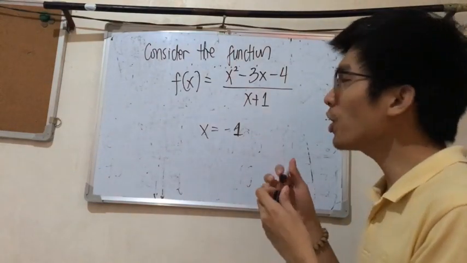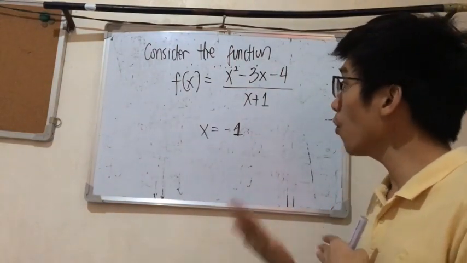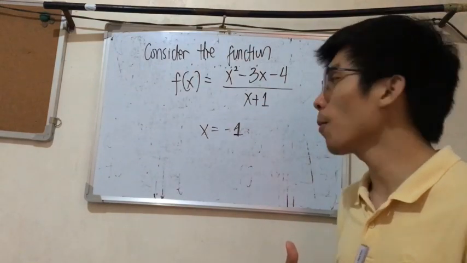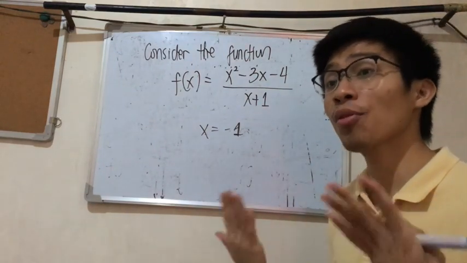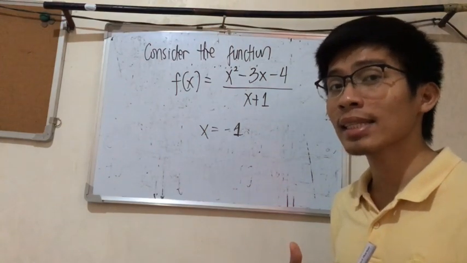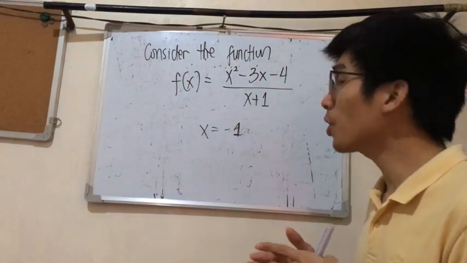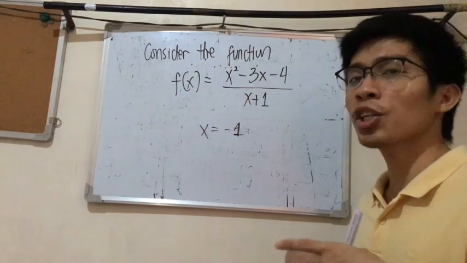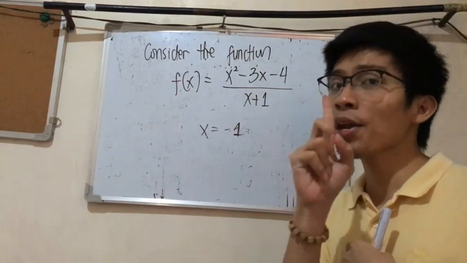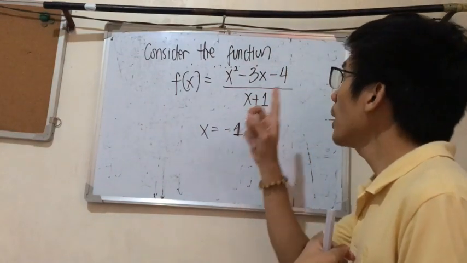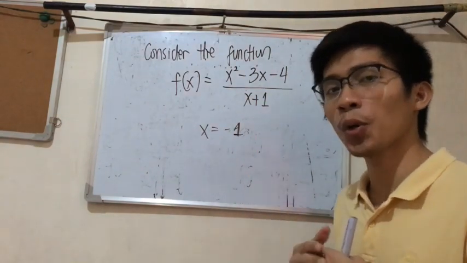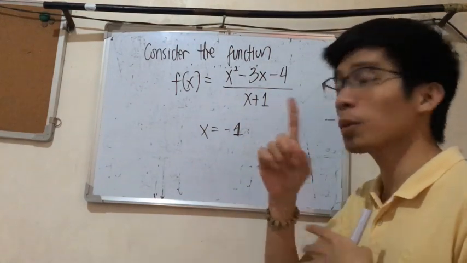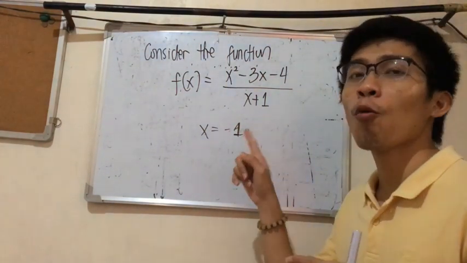So we try to avoid that our x will become negative 1 because our function will become undefined, or we can no longer use that number. Since we are trying to avoid one number in our function, therefore our function is not continuous at what point? At negative 1.